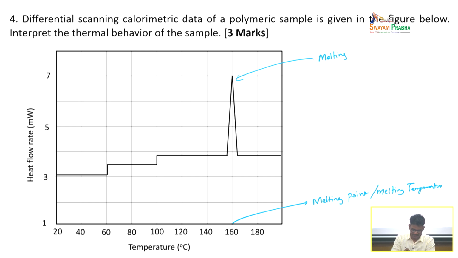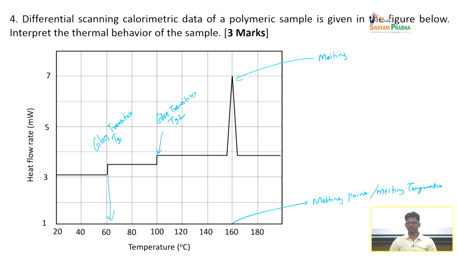Yes, this corresponds to glass transition. Yes, I have also given this kind of plot in one of the classes. Yes, it has two glass transition temperatures. Yes, both are glass transition temperatures. So when can you have such a situation?